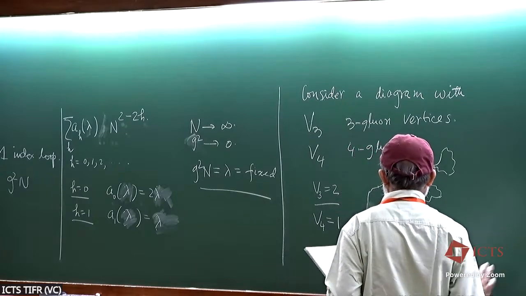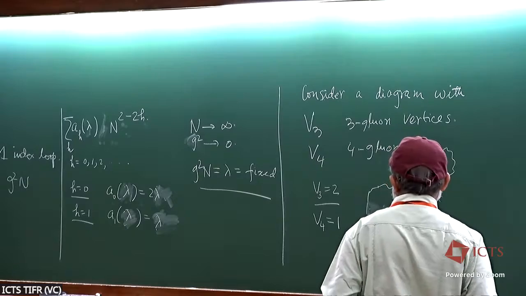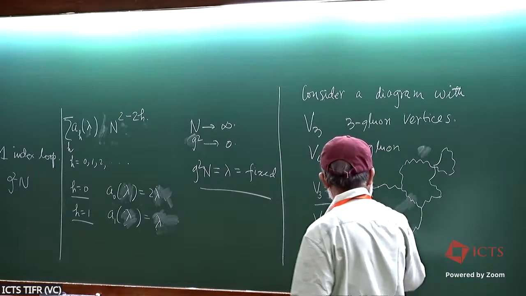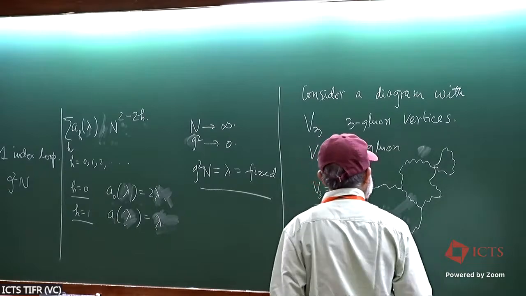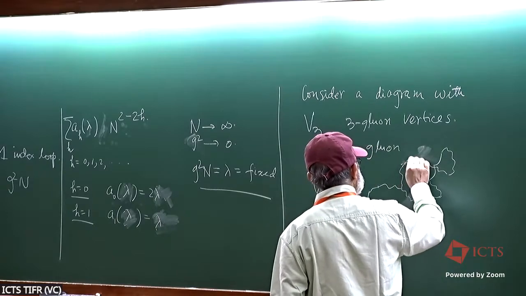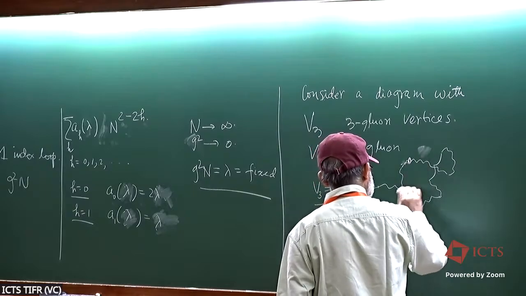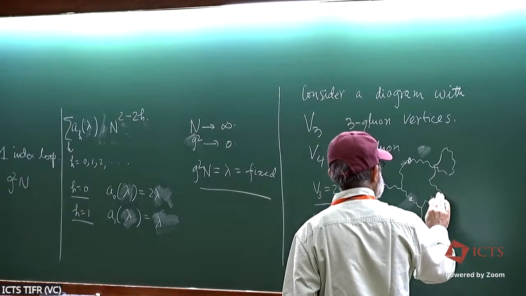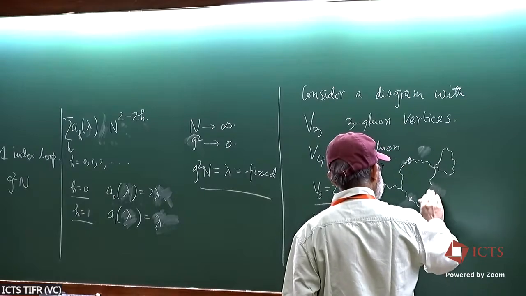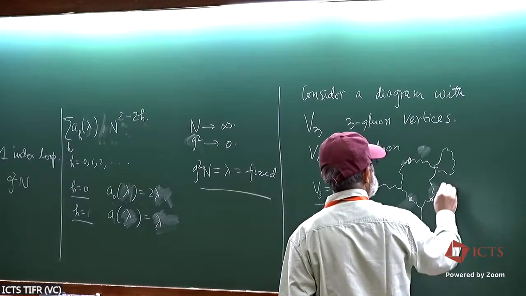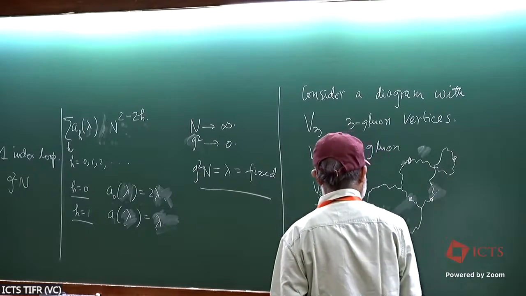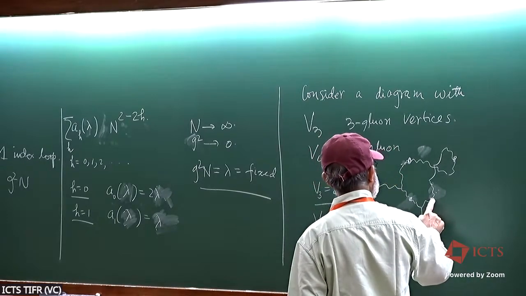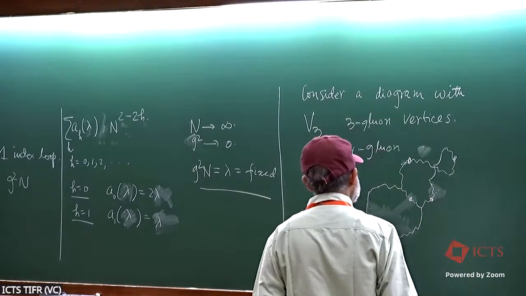So let's compute now the number of propagators. This is the clever trick of 't Hooft. He says, let's compute the number of half propagators. Let's put a dot in the middle of each of these propagators. There were 5 propagators, and therefore there are 5 dots.